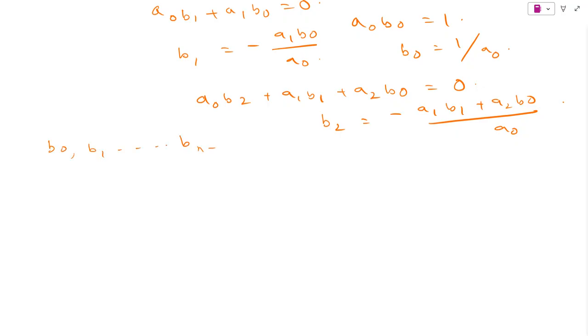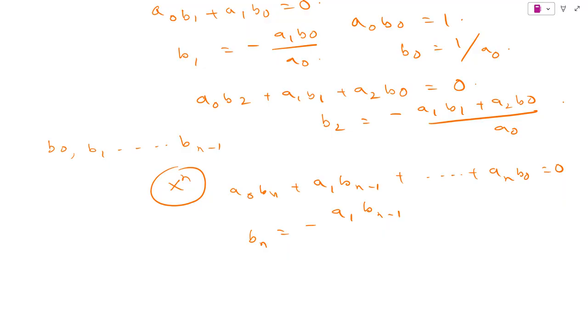Now suppose b0, b1, up to b(n minus 1) have already been determined. The coefficient of x to the power n gives a0 bn plus a1 b(n minus 1) plus and so on up to an b0, and this is 0. So therefore bn is minus of a1 b(n minus 1) plus a2 b(n minus 2), and so on up to an b0, by a0.